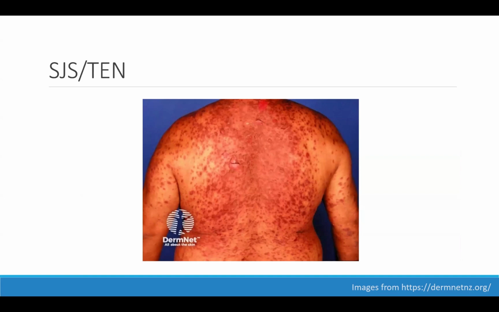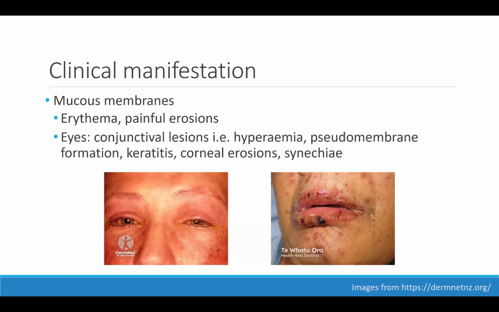This is a picture of more widespread lesions in SJS-TEN. Mucous membrane involvement can present as erythema and painful erosions. In the eyes, you can develop conjunctival lesions with hyperemia, pseudomembrane formation, keratitis, corneal erosions, and synechiae.